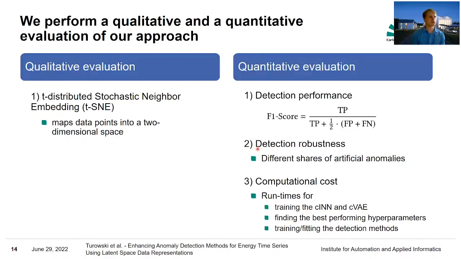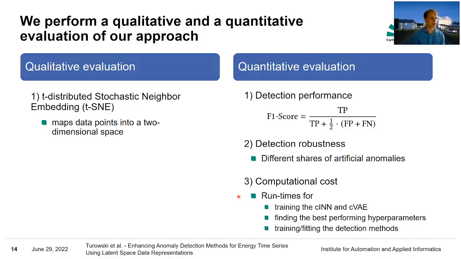For the quantitative evaluation, we use 3 evaluation criteria: the detection performance measured by the F1 score, the detection robustness by means of different shares of artificial anomalies, and computational cost through measuring runtimes for the training of the generative models, finding the best performing hyperparameters, and fitting the detection methods.